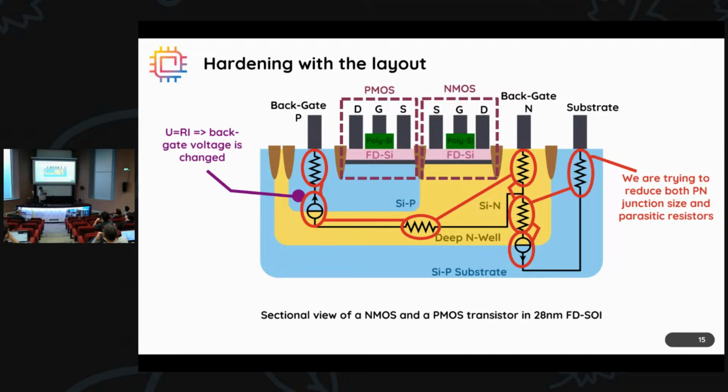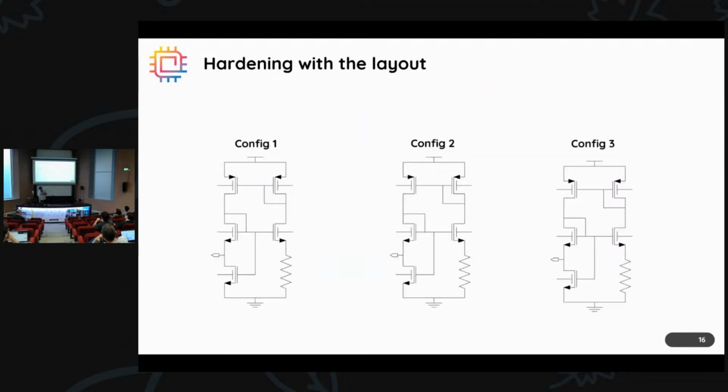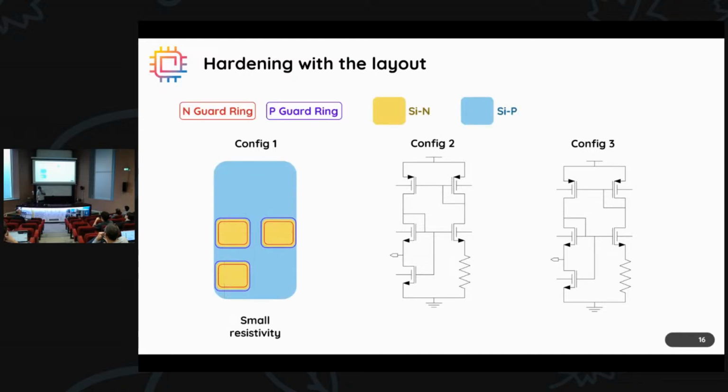So we retained three ways of doing it. Here is three times my voltage reference, which I will explain later. For now, the schematic is completely the same, but the layout is not. In the first version, all the transistors are surrounded by an N guard ring and a P guard ring that will drain the current generated by the PN junction, in order to reach as small a resistivity as possible.